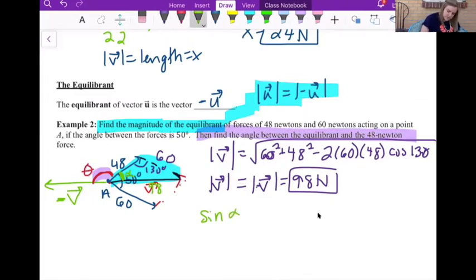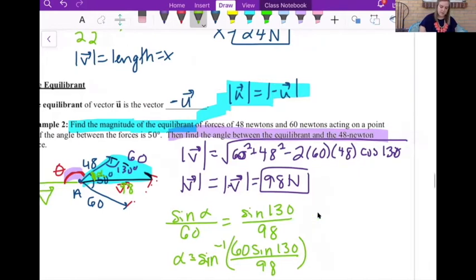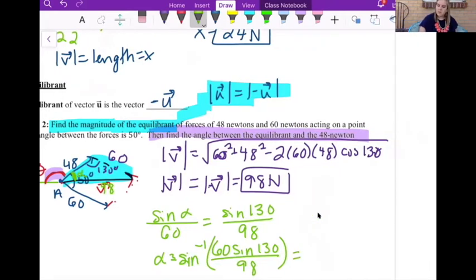So sine of alpha over 60 is going to equal sine of 130 over 98. So if I multiply the 60 over, I get 60 sine of 130 all over 98. And then to get alpha by itself, I would need to take sine inverse of this. So then I type all of that into my calculator and I get that alpha is 28.